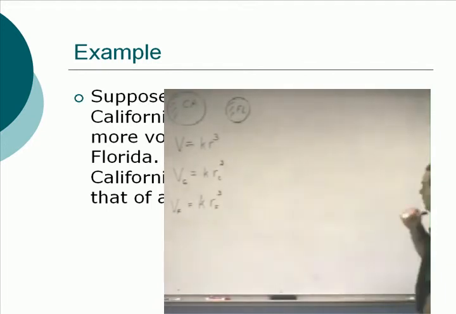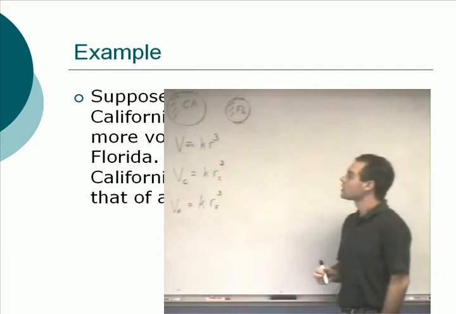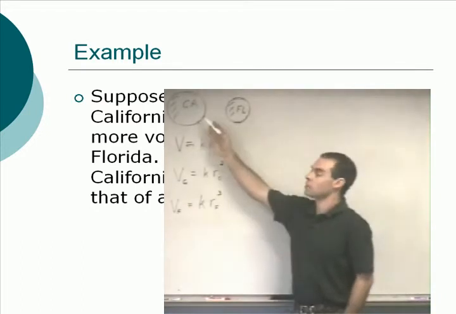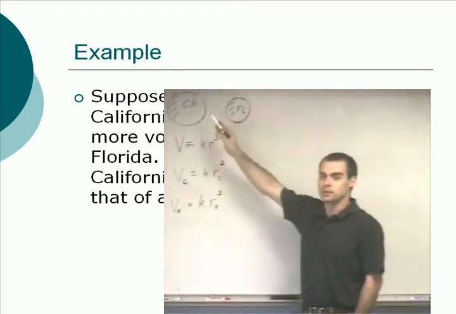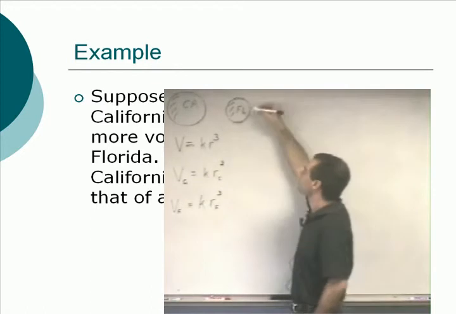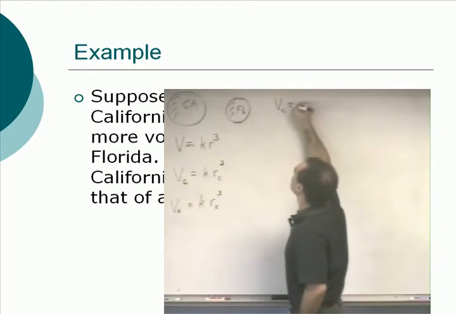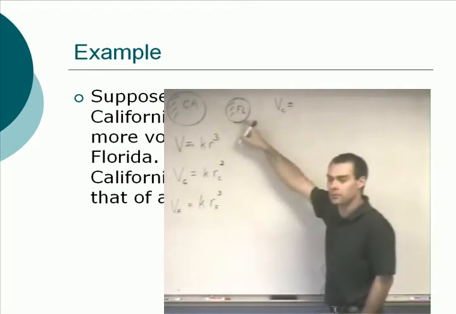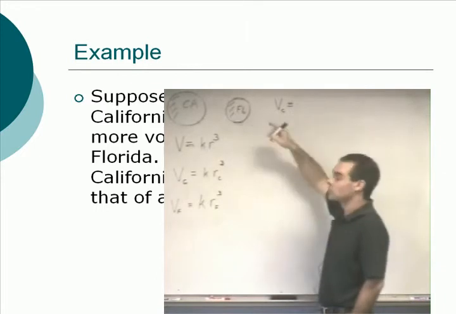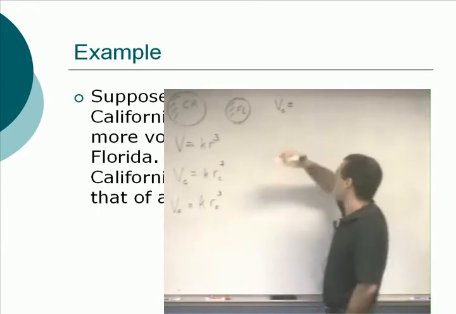Now, how are these two volumes related if the one from California is 25% bigger than this one? What can we say? The volume of the one from California equals what compared to the volume of the one from Florida? It's 1.25.